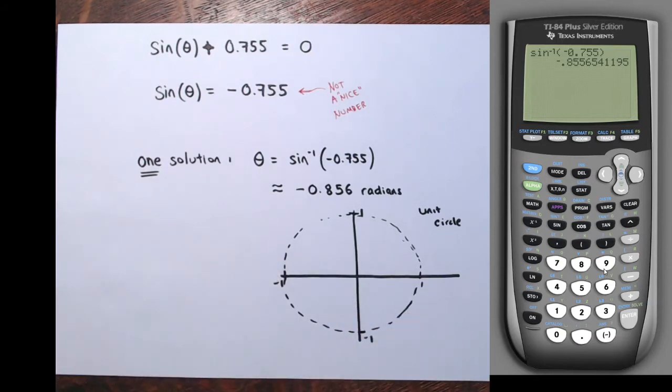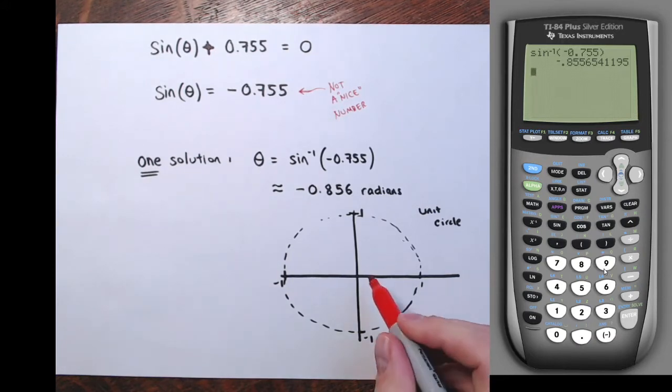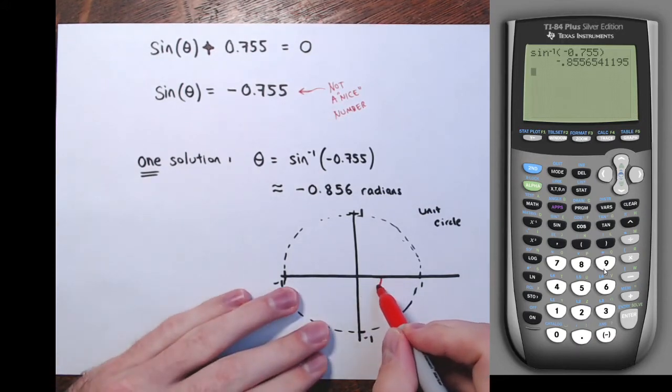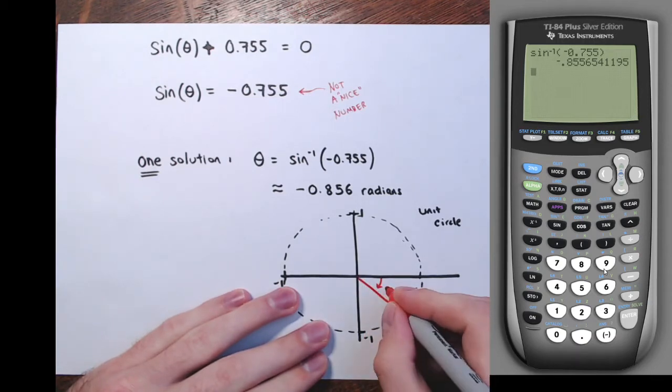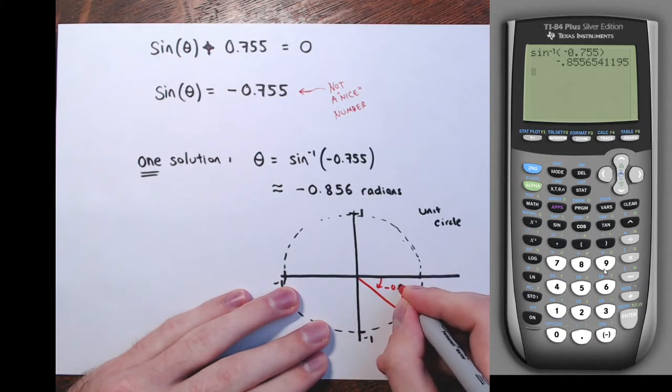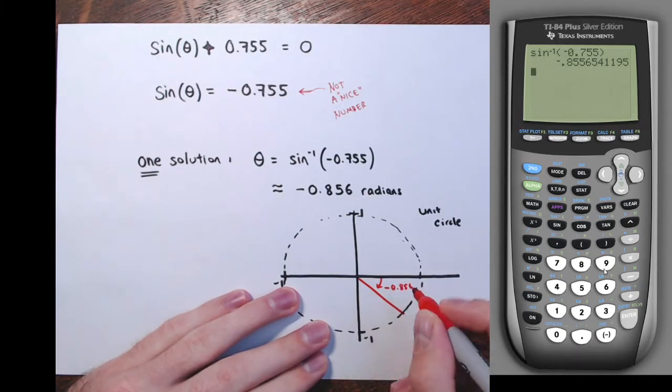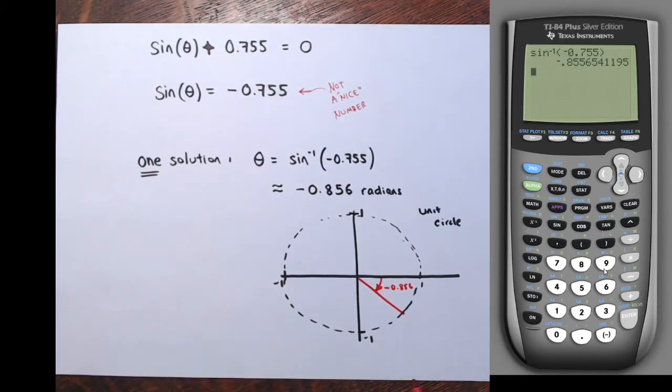Now, negative 0.856 radians, that's down here in quadrant 4. Here's negative 0.856 radians. Okay, there's your inverse sine of negative 0.755 angle.